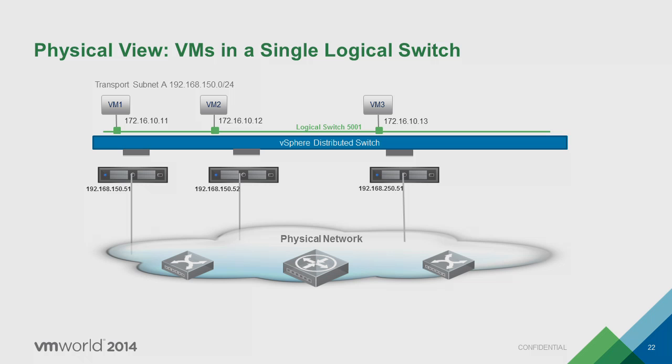If your virtual machine VM1 is on host 1 and virtual machine 3 is a few racks away, you'll still be able to consume and build that logical network without extending any VLAN. That VXLAN extension is completely programmatic, completely orchestrated by NSX. And if the virtual machine moves, that green line over here will also move along. So the logical switch will extend as far as it needs to go.